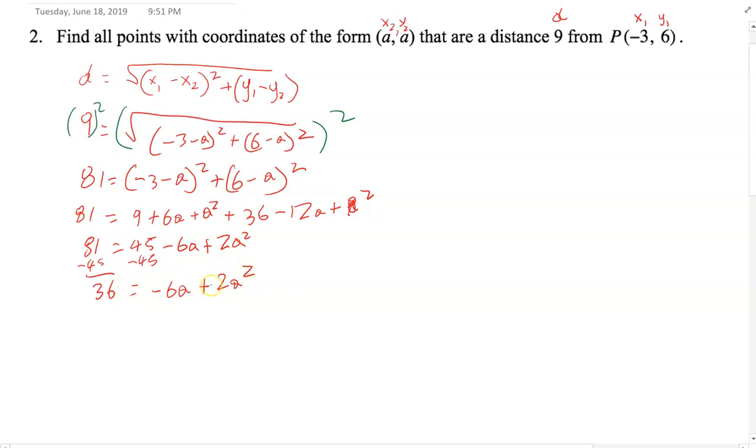Then if we bring all the terms to one side, we can have 0 equals 2A squared minus 6A minus 36. Divide through everything by 2. We can now have 0 equals A squared minus 3A minus 18.